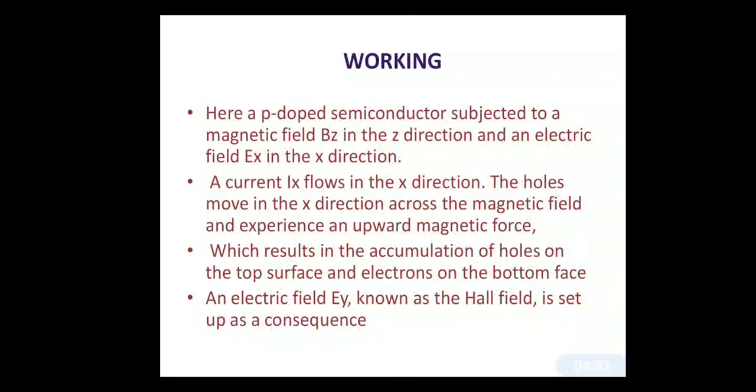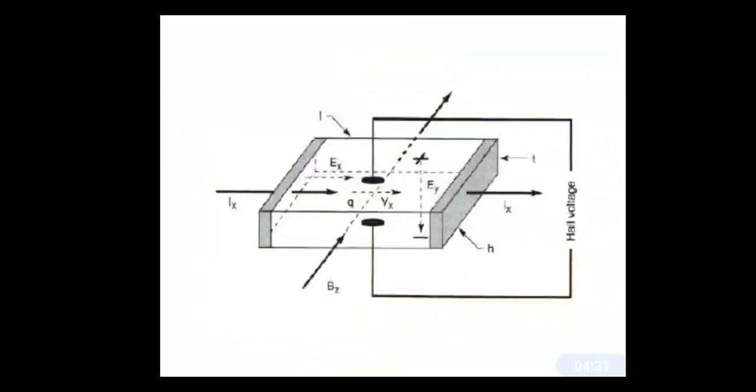A current Ix flows in the X direction, so the holes move in the X direction across the magnetic field and experience an upward magnetic force, which results in accumulation of holes on the top surface and electrons on the bottom surface. An electric field Ey, known as the Hall field, is set up as a consequence. So this is a brief on the working.